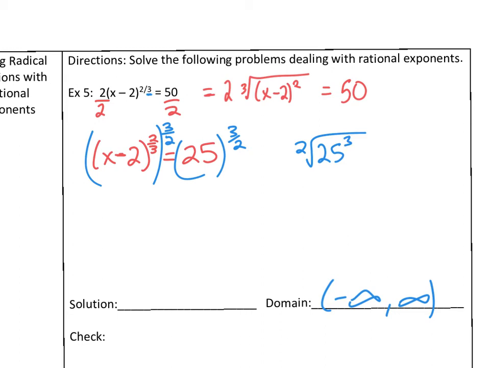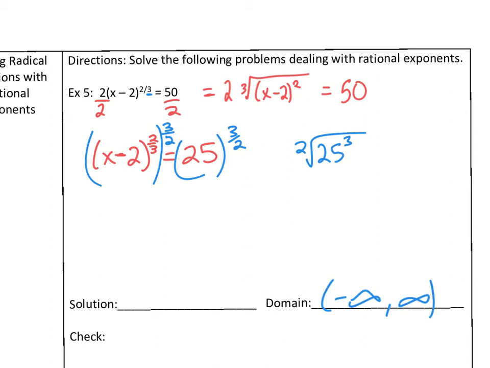Okay, so if I were to break this down, 25 to the 3rd is 15,625, a really big number, and then if you go ahead and square root that number, you end up with 125. Okay, so that is what 25 to the 3/2 power is: 125.